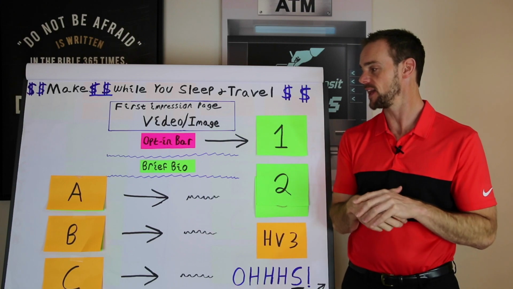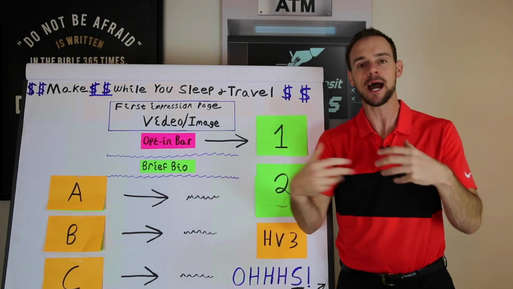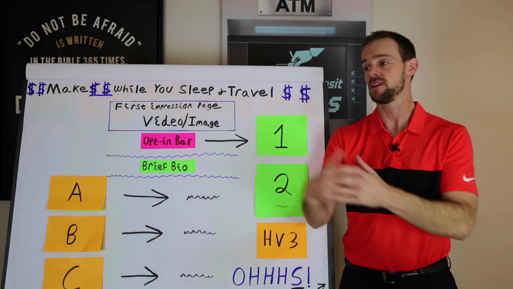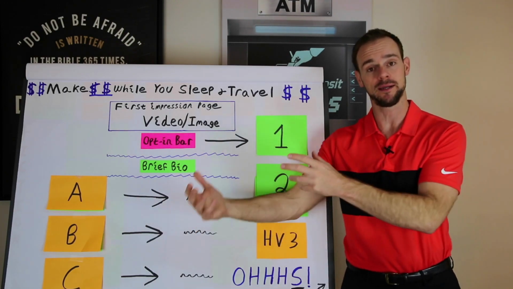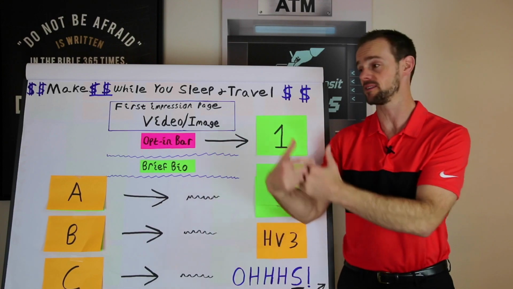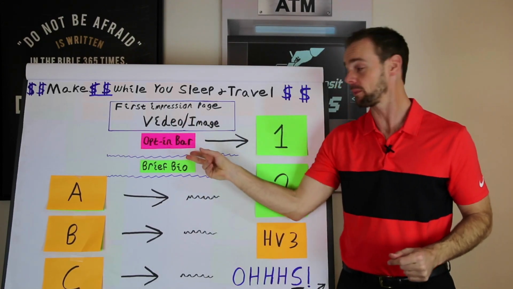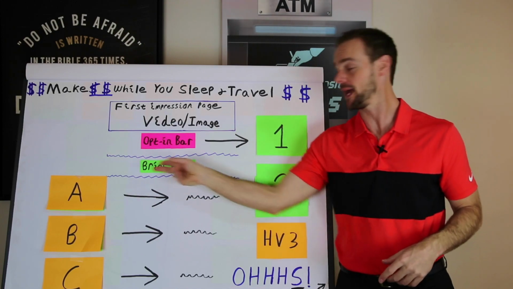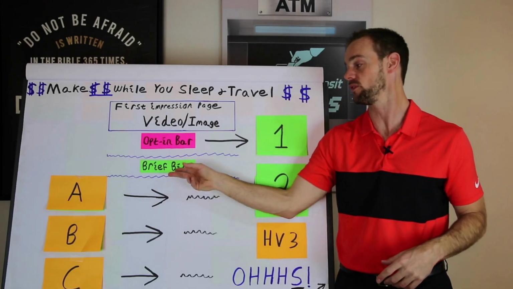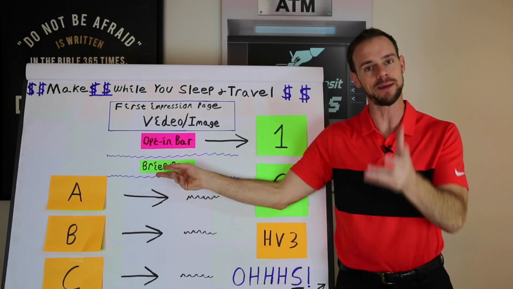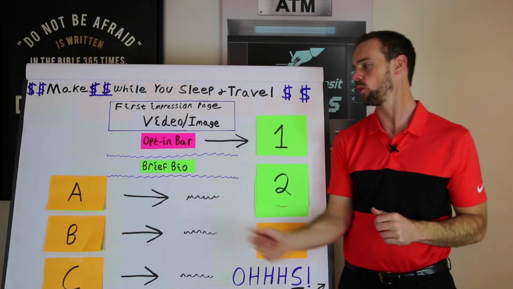And the second thing is how you can help them. You may say, this is how I can help you, or this is how I've helped other people. This is my thing, this is my niche, and this is how I help people. So they know immediately, boom, they're getting help, and this is how you've helped people in the past, or continue to help people, or want to help people in the future. And hey, I can trust that person. It usually includes a short story about who you are that builds rapport and trust.